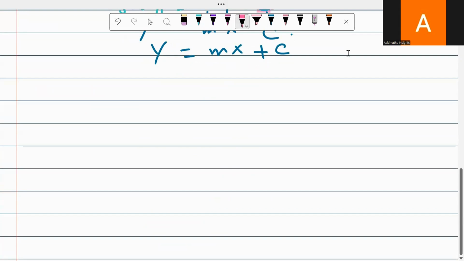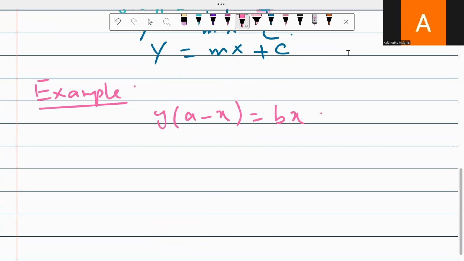Another example is y equals y into a minus x equals bx. So how can you now make it a linear equation? You first expand it. Or there is one more easier way. You can take this y on the other side.